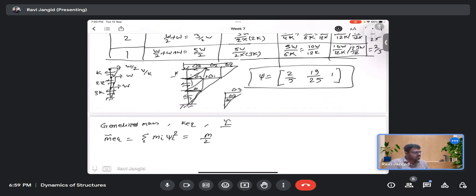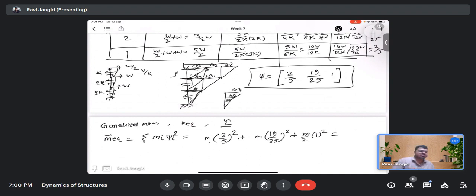m by 2 into 2 by 5 square plus m into 19 by 25 square plus m into 1 square. So if you solve this, wait, I have done something very dangerous here. For the first story it was m, second it was m, third it was m by 2.